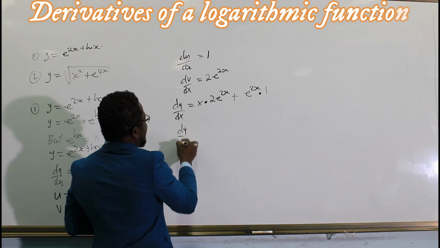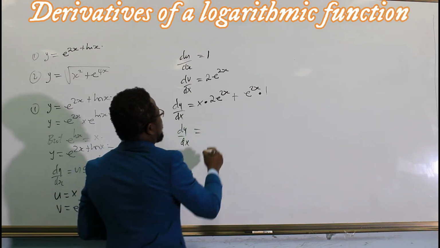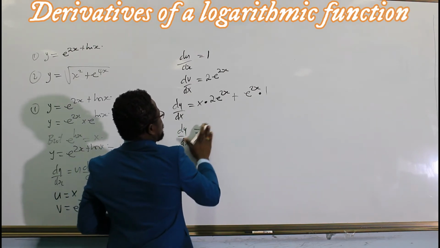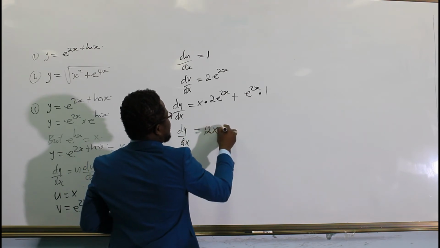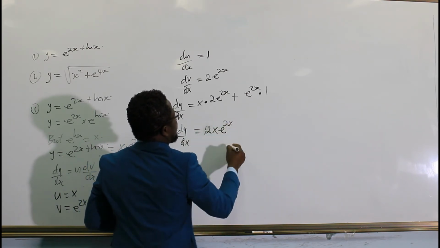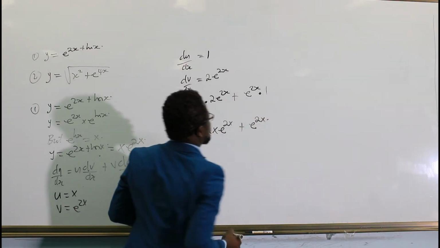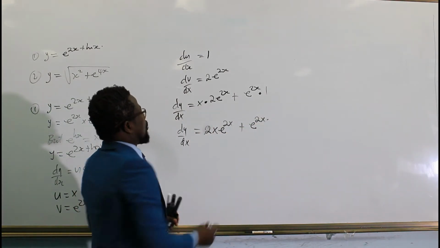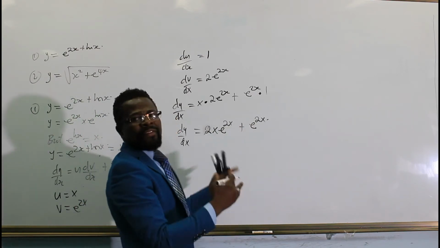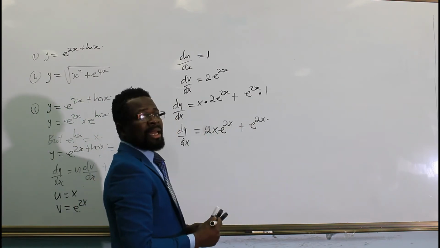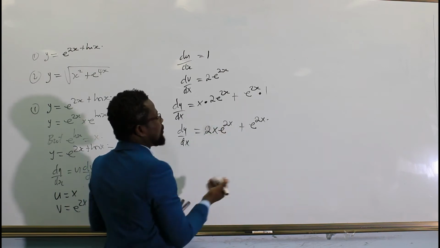So dy/dx is now going to be 2x e exponent 2x plus e exponent 2x. Now e exponent 2x is common, so we can factor that out if we don't want to leave our answer like this. We can factor it out or leave it like this.